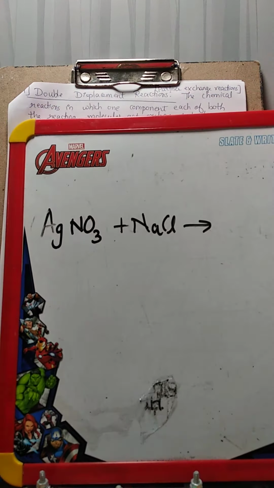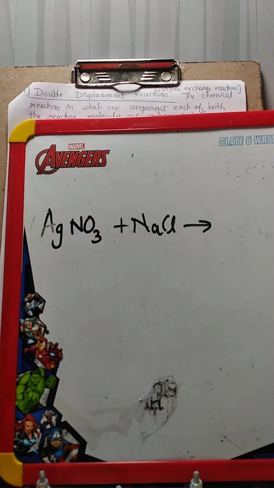So let's understand how this happens. In the first reaction, this is silver nitrate AgNO3 plus NaCl. Now let's break each of these reactants into cations and anions. So I am breaking it like this: Ag+ is the cation, NO3- is the anion for this reactant.